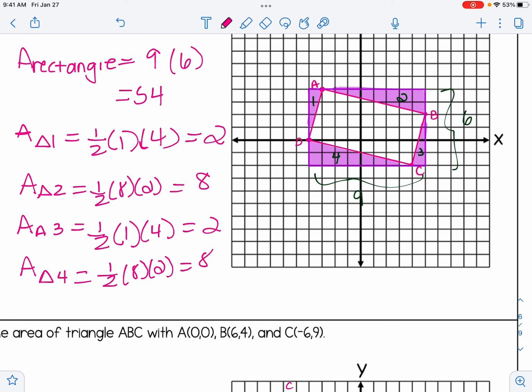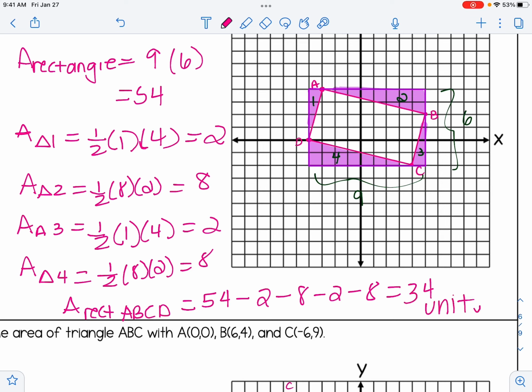So if I want the area of rectangle ABCD, we start with 54 and we subtract out all of the surrounding areas. And that's going to give us a total area of 34 units squared.